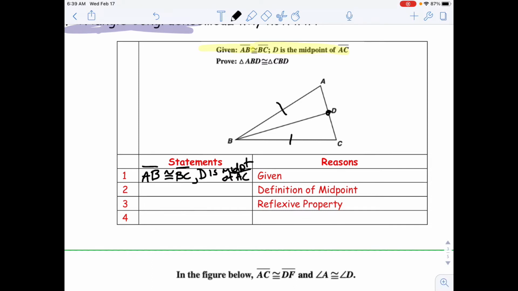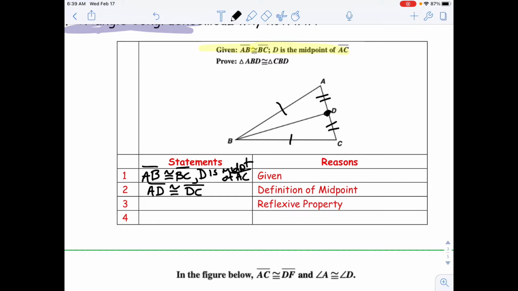And D is the midpoint, so I know that AD and DC are congruent, which is actually my next statement. It told me it was the midpoint. I'm going to apply the definition of midpoint, and I can say that AD is congruent to DC. Okay. So remember, it gives you specific information because you're going to use that information later on.